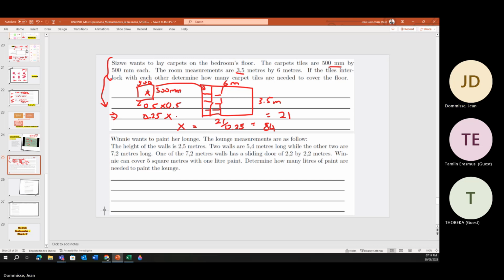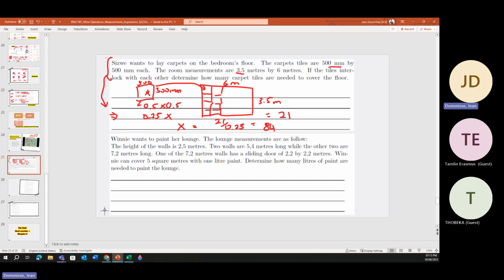Okay, so basically 84 of these tiles will fit into this total area. So what we've been given is the small area of a tile. They've told us you need to calculate the area of a big room, and then how many tiles will fit into that big room. Okay, so by giving us this word sum, we needed to work out an equation so that we could solve the question.